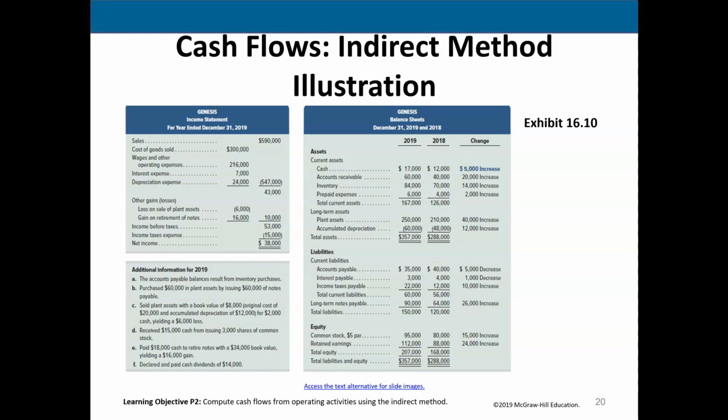And we are reconciling net income to cash. Therefore, anything that affects net income that is not cash-based, we need to add back in. So that depreciation expense you're going to see when we finish this example is going to be added back in because it is decreasing net income and it is a non-cash item. Therefore, we're taking it out.